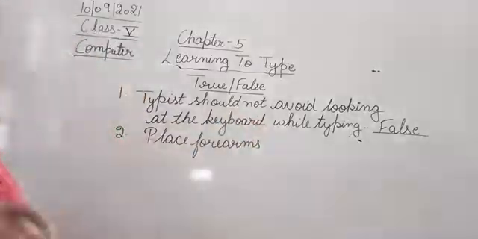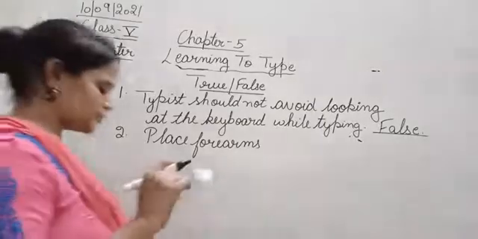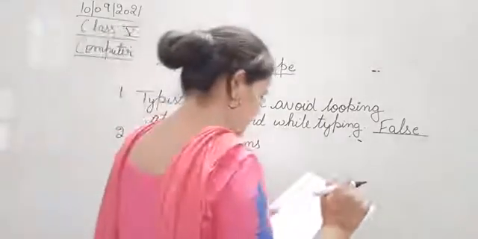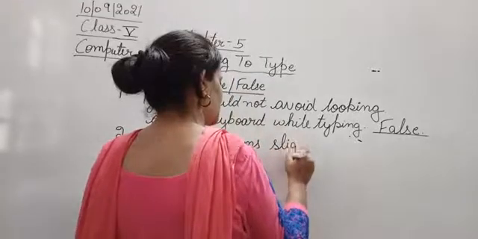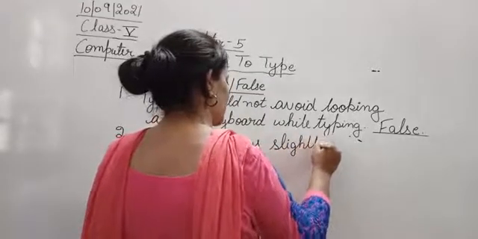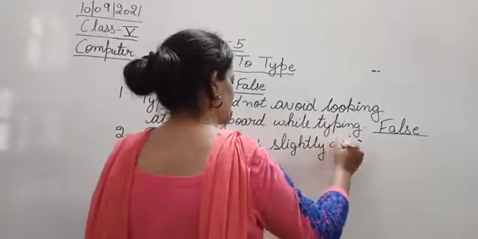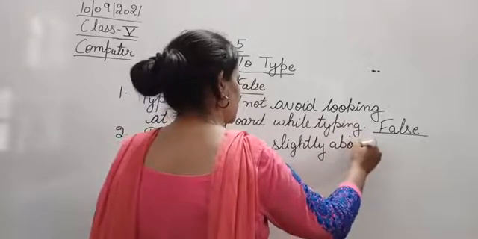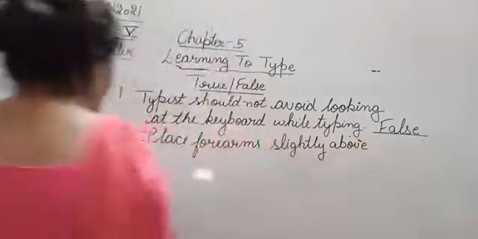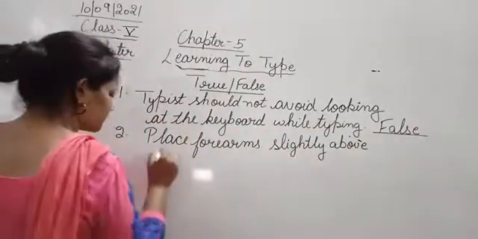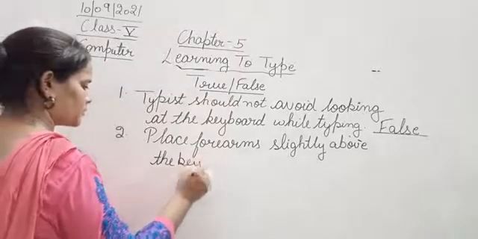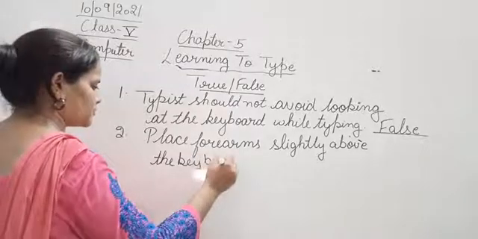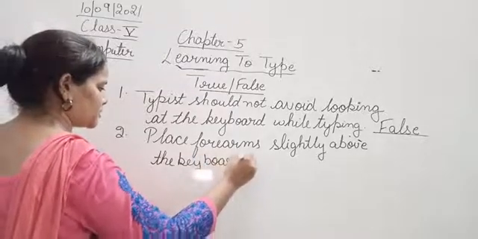Forearms, चार हाथ नहीं, four, F-O-R-E, forearms, slightly above the keyboard. Slightly, S-L-I-G-H-T-L-Y. Place forearms slightly above the keyboard.